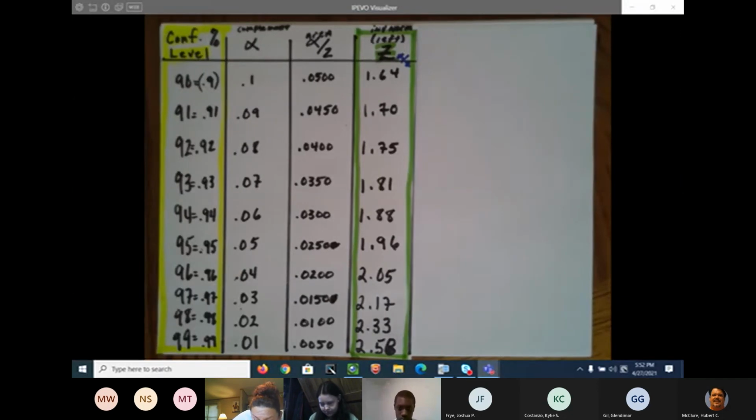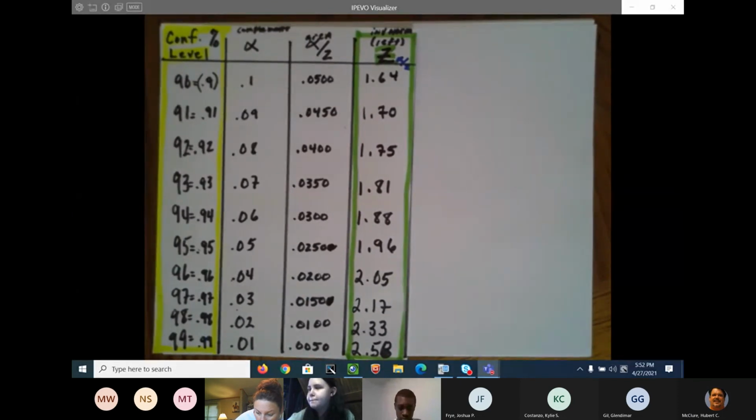Now the area of alpha over 2: 0.0500, 0.0450, 0.0400, 0.0350, 0.0300, 0.02500.